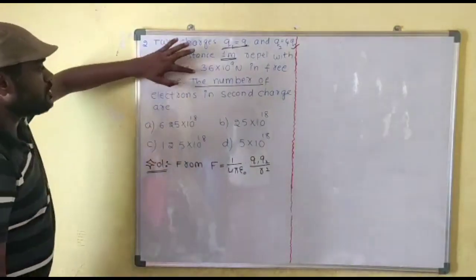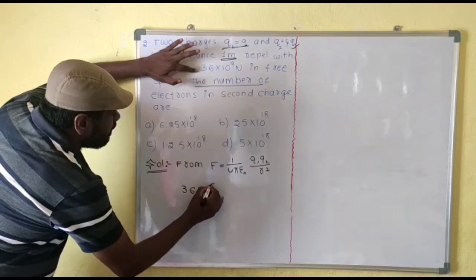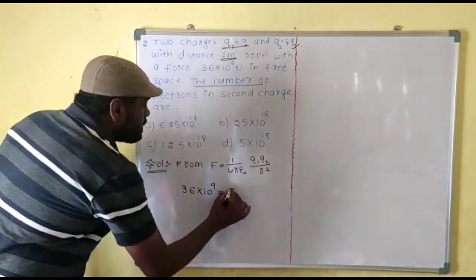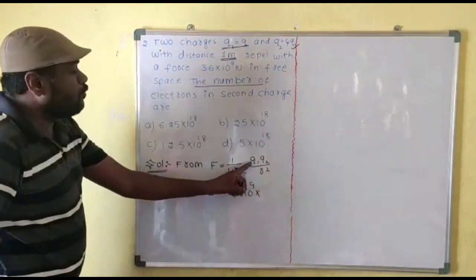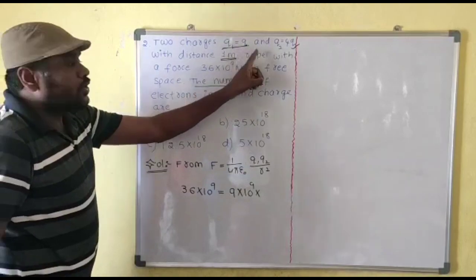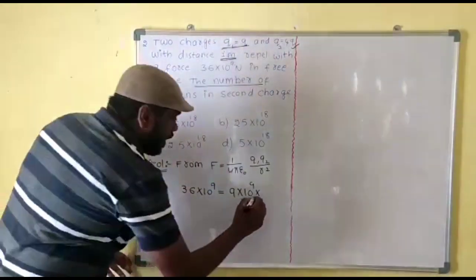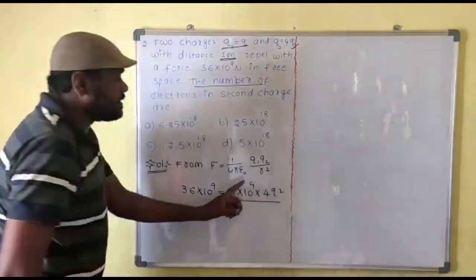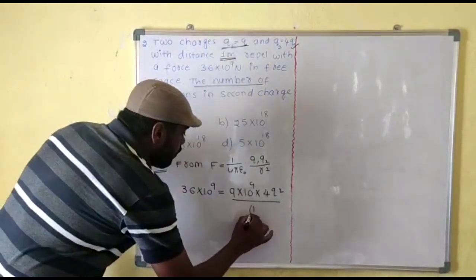F is equal to 36 into 10 power 9 Newton, and 1 by 4 pi epsilon naught is equal to 9 into 10 power 9, into Q1 is Q, Q2 is 4Q, so 4Q square, by the distance R, which they have given as 1 meter, so 1 whole square.